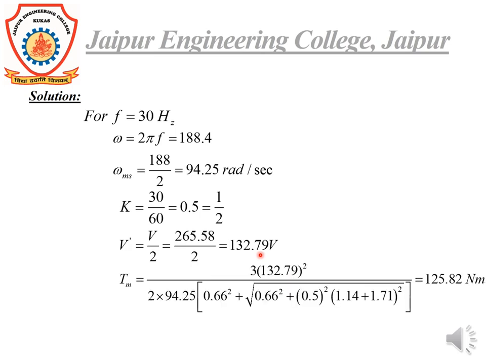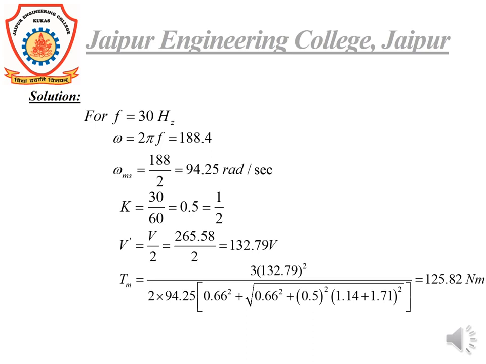Now I will put all these into the equation of maximum torque. The new voltage and the new speed are applied, other parameters remain the same, and the reactance will be multiplied with k, that is 0.5. So we will get 125.82 Newton meter maximum torque for the frequency equal to 30 hertz.